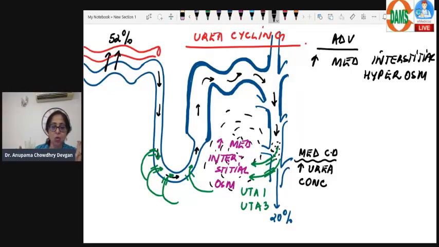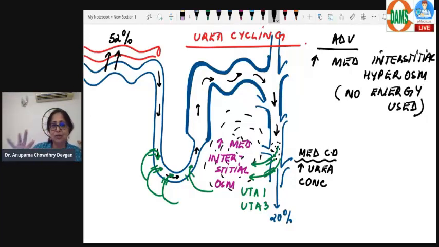No, no energy is used, because the movement of urea is by passive transport. Please understand, I can increase the medullary interstitial osmolality by increasing the absorption of sodium potassium chloride, but that is active. It needs energy. Urea will increase the medullary interstitial osmolality without consuming energy. Have you understood? This is urea cycling.